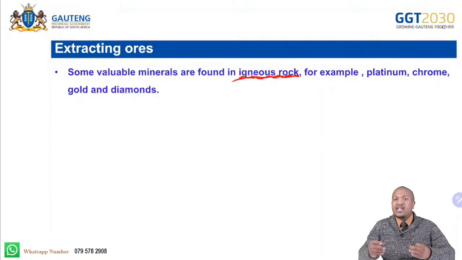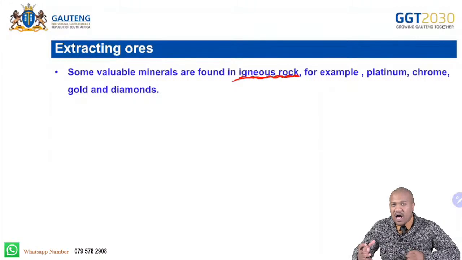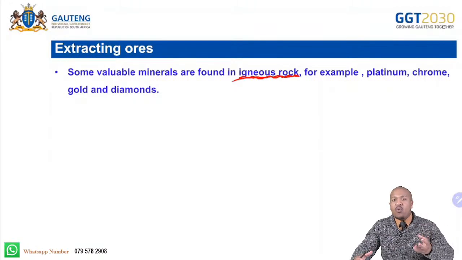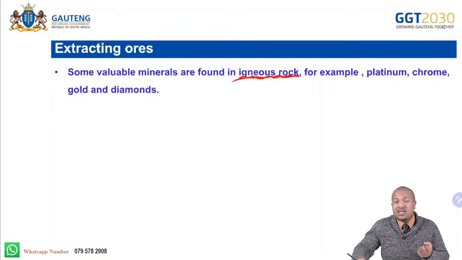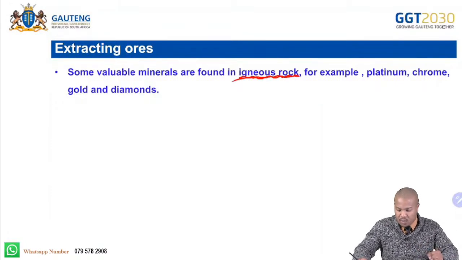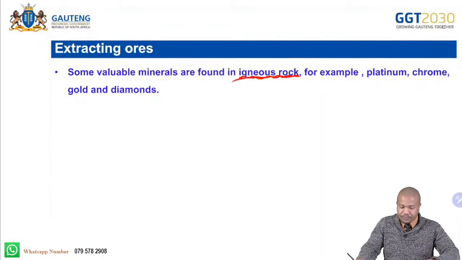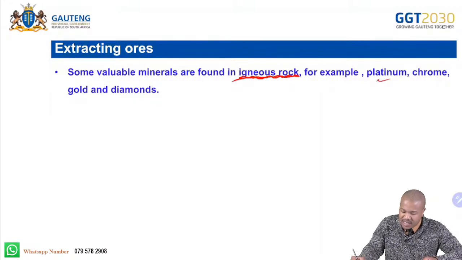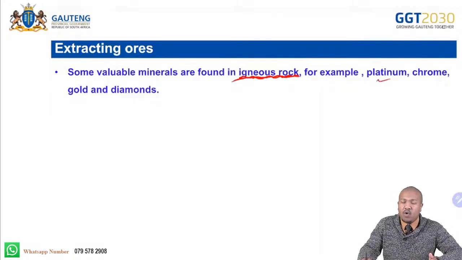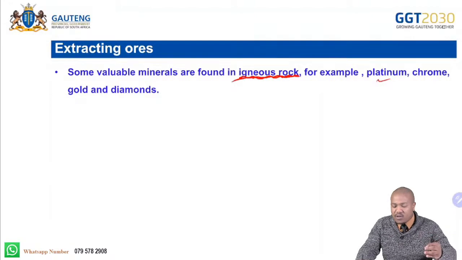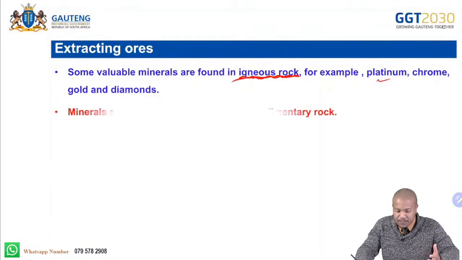It solidifies either extrusively, out of the Earth's crust, or intrusively, within the Earth's crust, right? So, for example, we find platinum, chrome, gold, and also diamonds in such rocks, which are called igneous rocks, right?